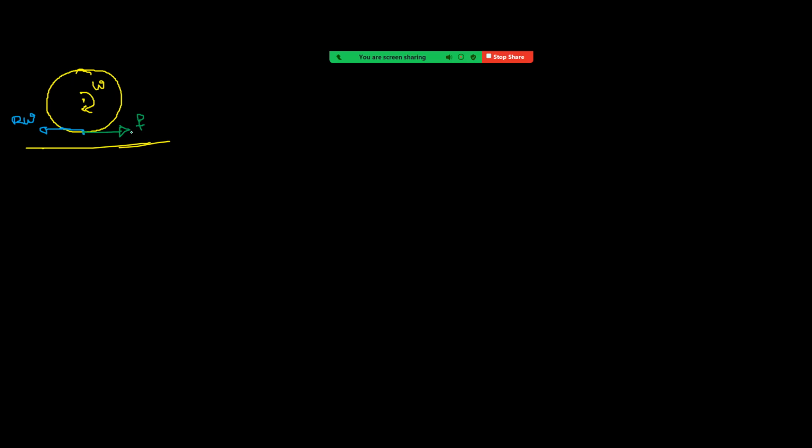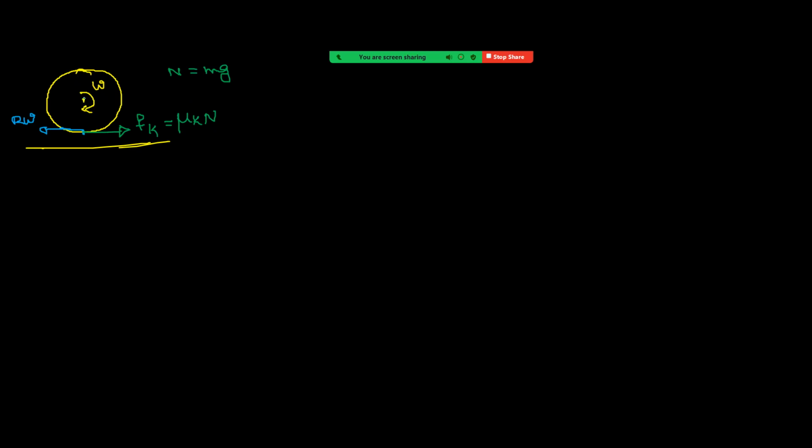Since it is slipping, friction will be kinetic. It is F suffix K, which is equal to mu K into normal reaction. In this case, normal reaction equals mg, because mg is downwards and normal reaction is upwards. Along the vertical, there is no motion.